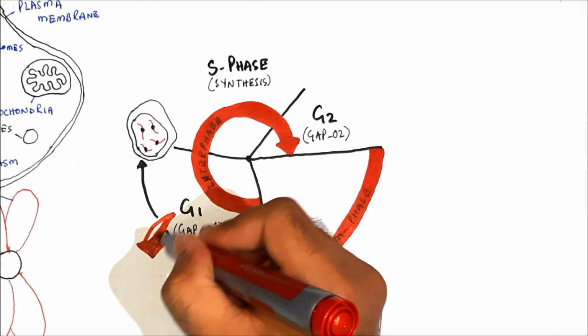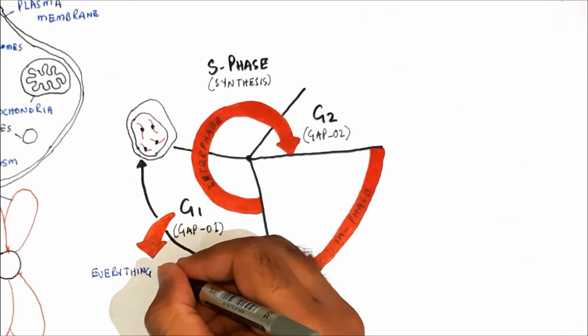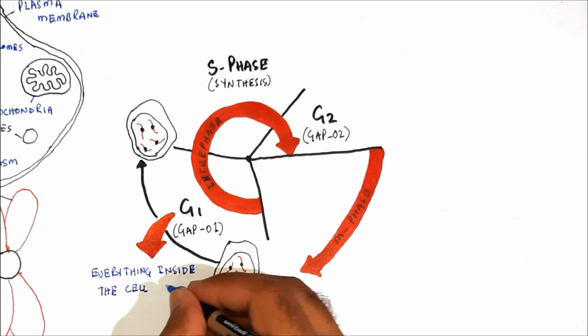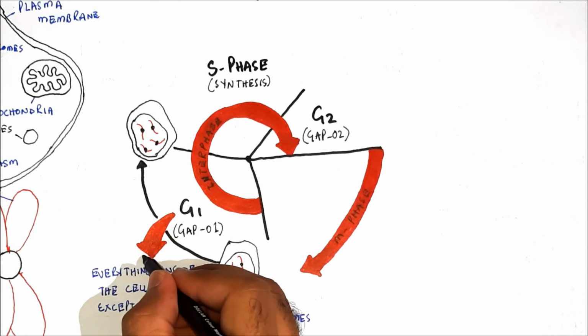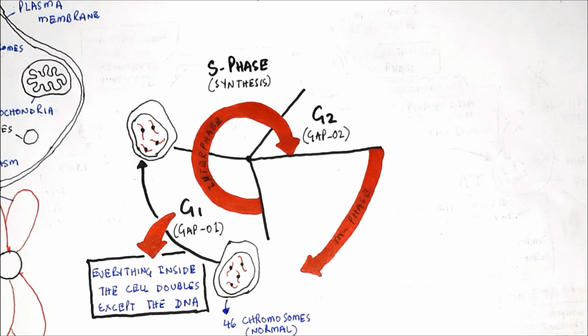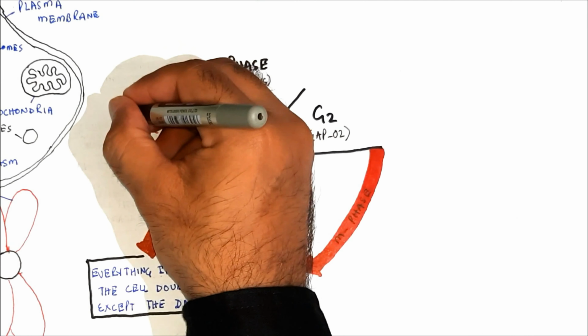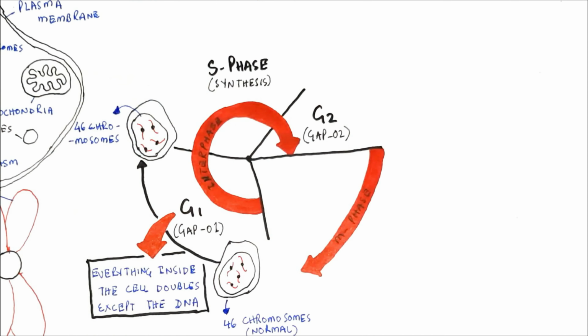So what actually happens in the gap 1 phase? In the gap 1 phase, everything inside the cell doubles except the DNA. That means every organelle inside the cell is now doubled because it has to divide into two. Now we have 46 chromosomes, the normal ones.